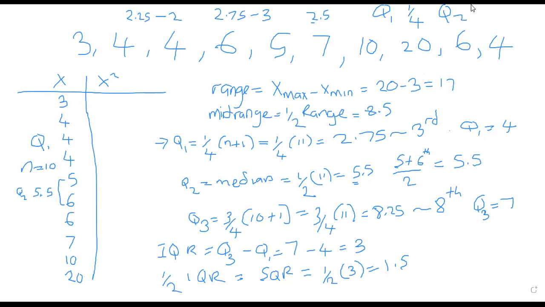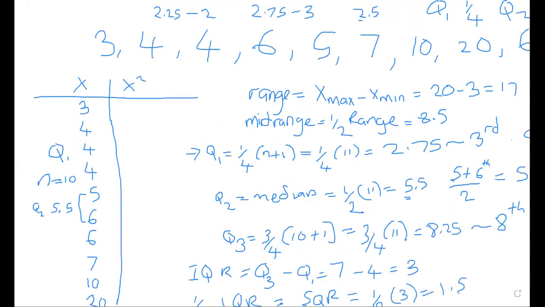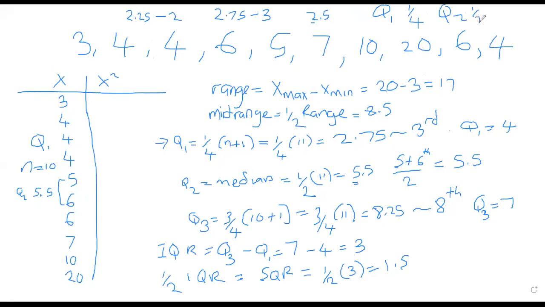Q3 is simply 3/4. So our first quartile is simply a quarter of n plus 1. Our n in this case, as we added them up, was 10. So 10 plus 1 is 11. A quarter of 11 is 2.75. You round off this to the nearest whole number, which is 3. The third position, 1, 2, 3, is 4. So this is our Q1.